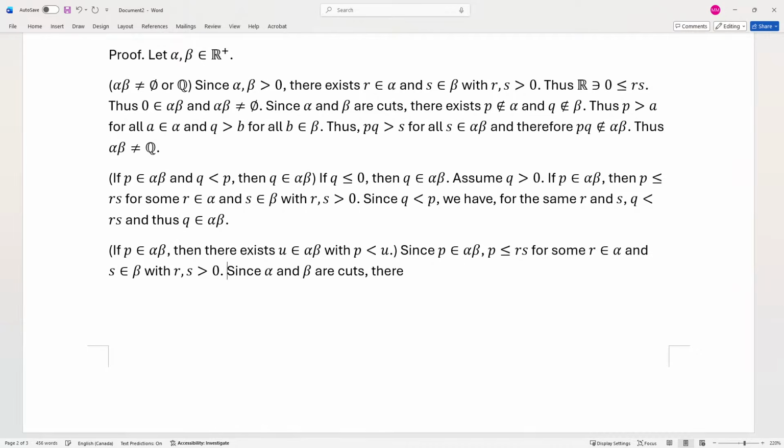Since alpha and beta are cuts, there exist, I'll just use the same notation as I did in the scratch work, R plus delta R in alpha, which is greater than R, and S plus delta S in beta, with delta R, delta S positive.